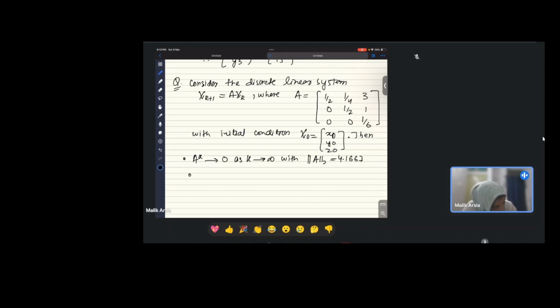The second option is A to the k tends to 0 as k tends to infinity, with A 1 norm equal to 4.1667. So how do we do this question?